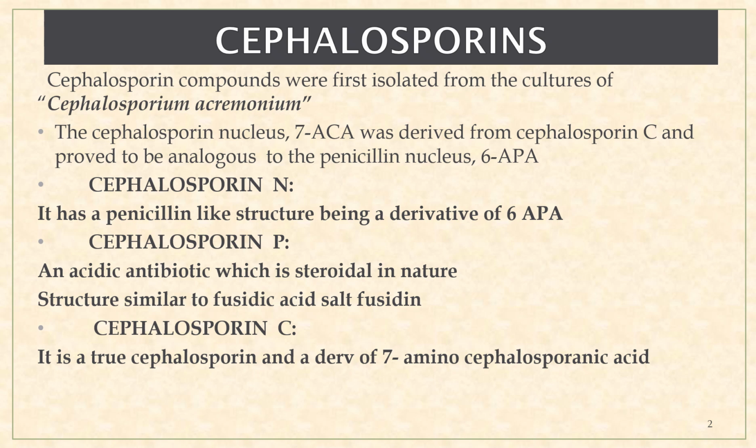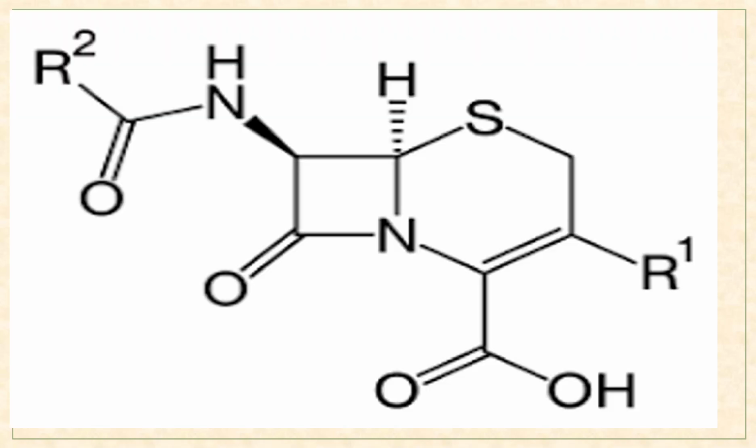Cephalosporin P is an acidic antibiotic, steroidal in nature, similar in structure to fusidic acid salt, that is fusidine. Cephalosporin C is a true cephalosporin and a derivative of 7-amino-cephalosporanic acid.